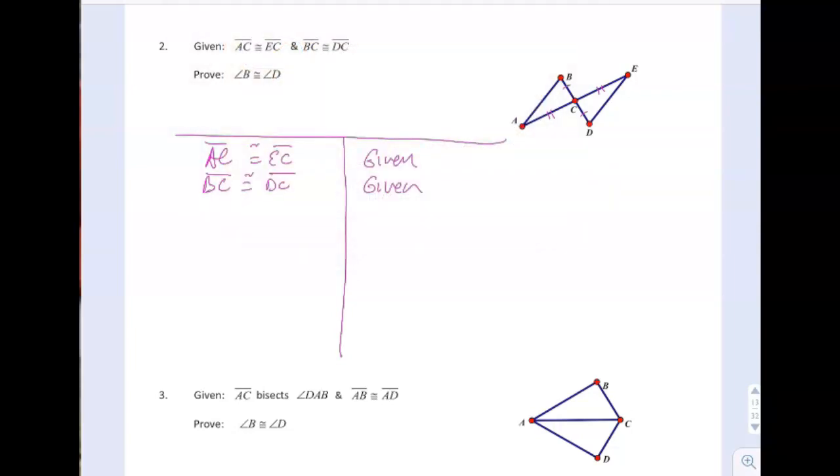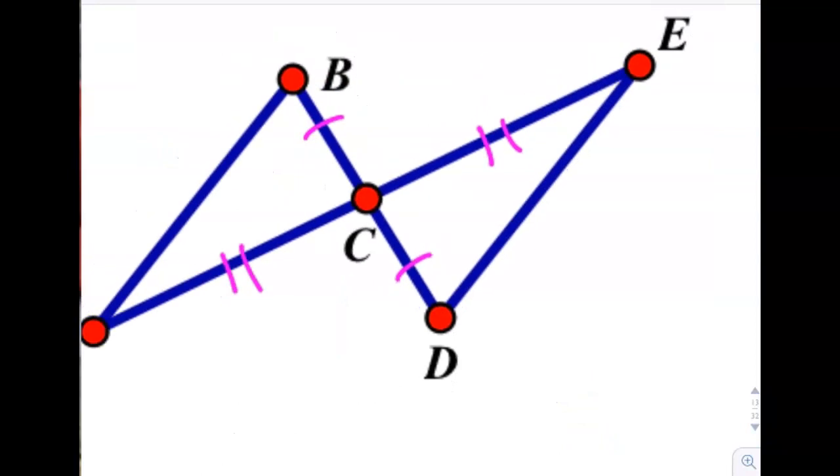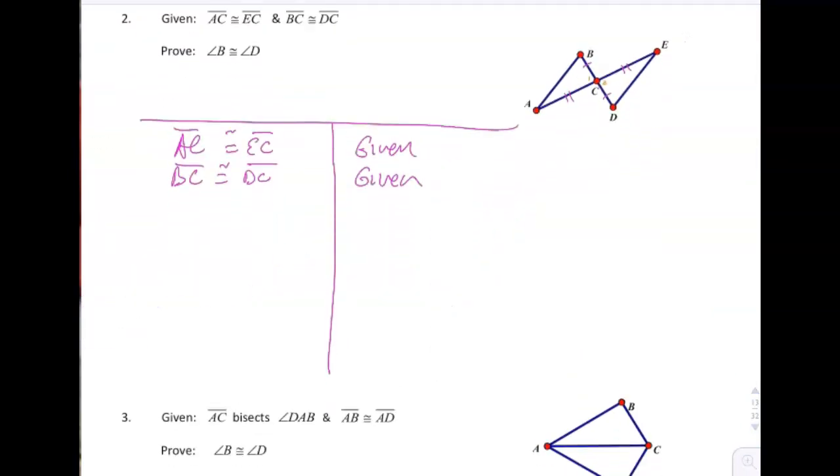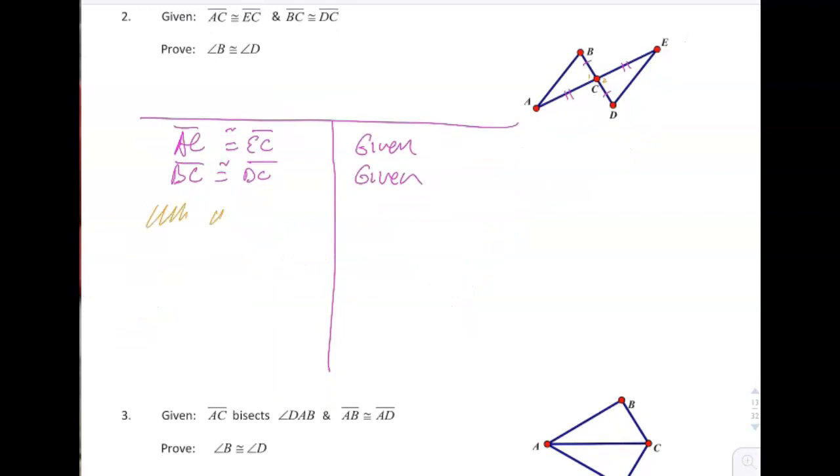And then that's all they told me, but I can see what's going on right here, right? Angle 1 and angle 2. So angle 1 is congruent to angle 2 because vertical angles lead to congruence. Now I have 1, 2, 3 congruences already.